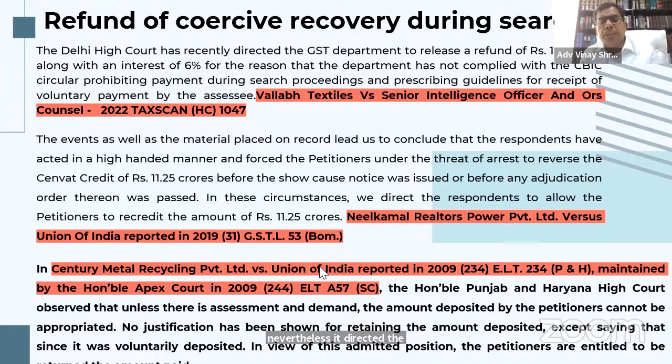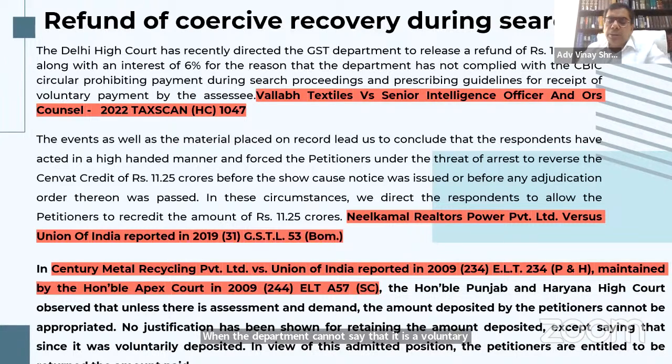And in fact, there are judgments in the erstwhile era also, wherein unless the assessment is done and the amount is deposited by the petitioner, the department cannot say that it is a voluntary deposit and therefore we will not refund it.